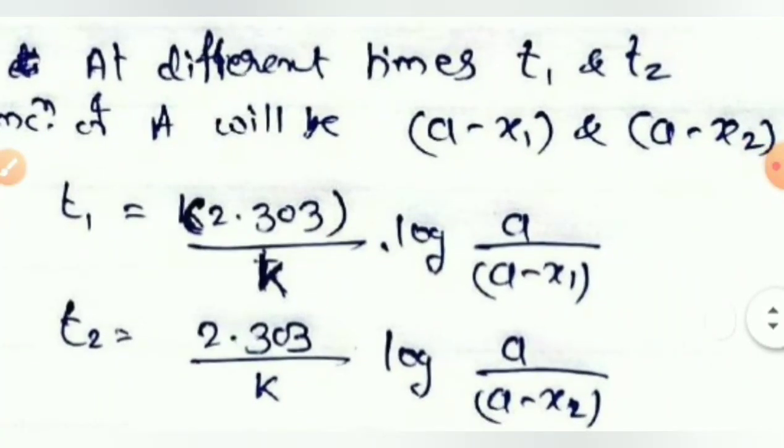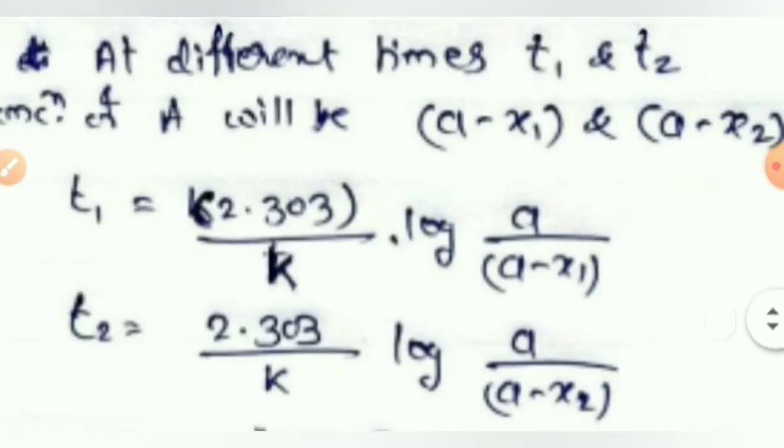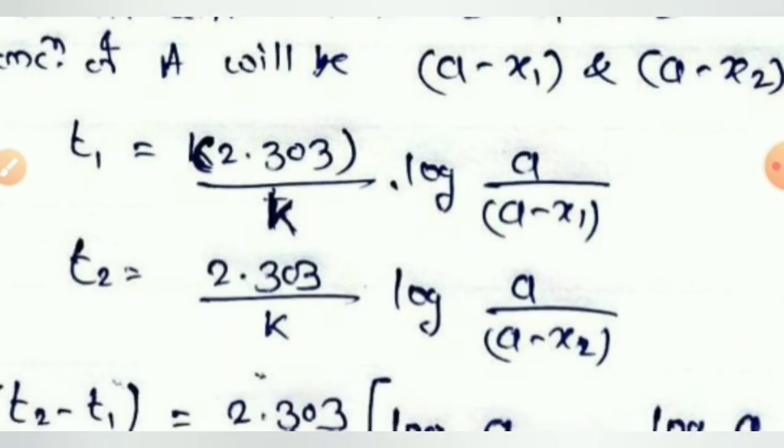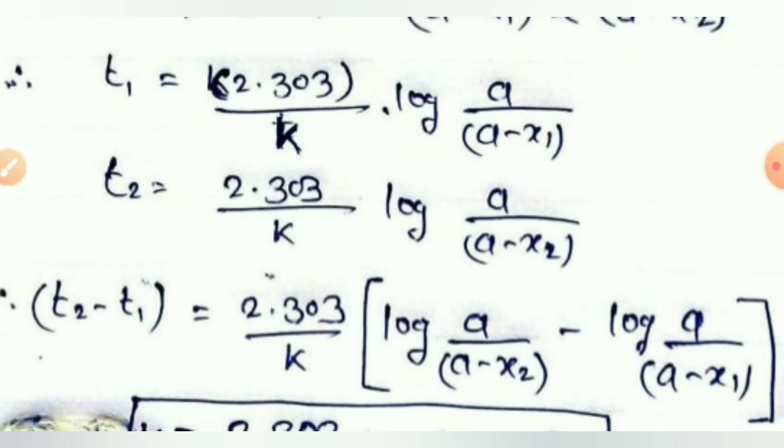Now put the values of concentrations at different times. So we'll get t1 equal to 2.303 upon k, where k is the rate constant, into log to the base 10 a upon a minus x1. Again for t2, t2 equal to 2.303 upon k into log to the base 10 a upon a minus x2. Now take the difference of these two equations of time, so we get t2 minus t1.